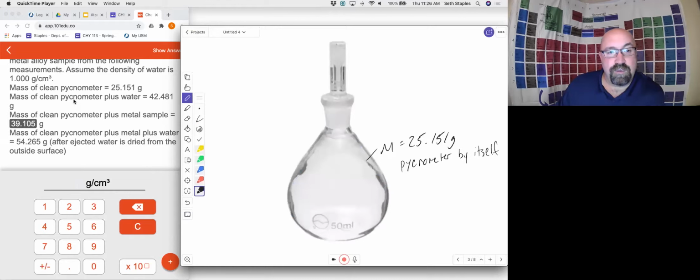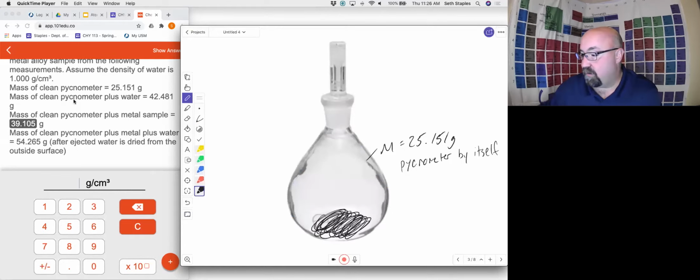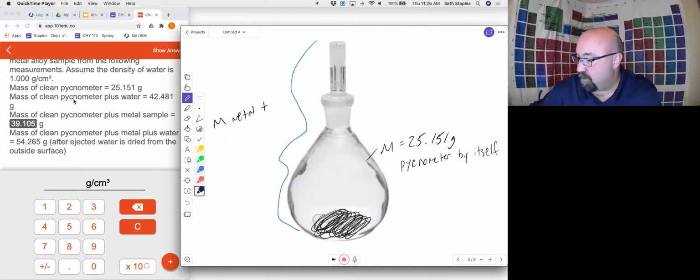We're also given the mass of the pycnometer plus the metal. So if we drop our metal sample here in the bottom without any water in it, now it's just the pycnometer plus the metal. So the mass of the two of these together, the mass of the metal plus the pycnometer, we are given as 39.105.